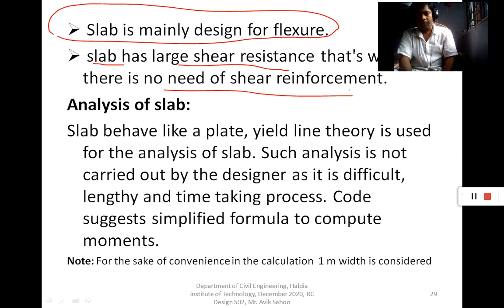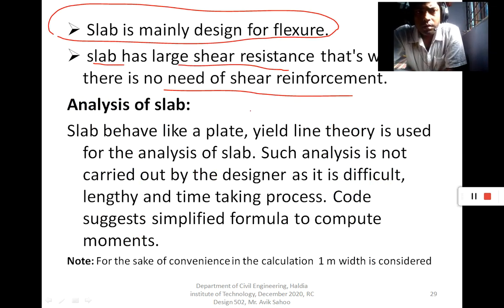The slab has large shear resistance, so there is no need for shear reinforcement. So the slab is designed only for flexure, only for bending moment, not for shear force. You may check it, but we design the slab mainly for bending, not for shear.